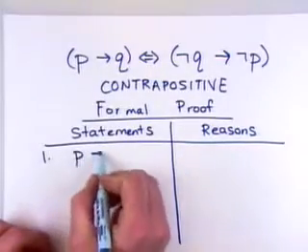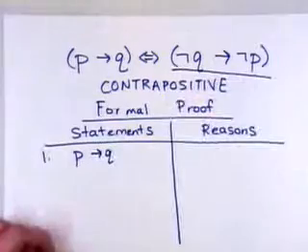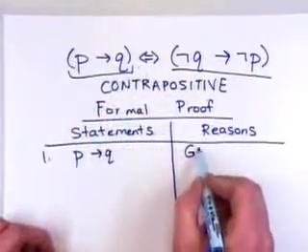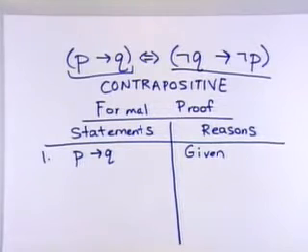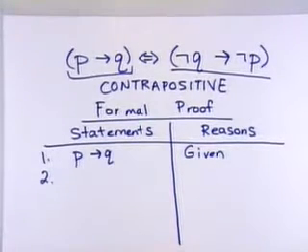Okay, so if I start with P implies Q, and I want to end with not Q implies not P, I'm going to use this as my given. So my reason is that P implies Q is given. Now I want to prove that it's logically equivalent to not Q implies not P. So what was a logical equivalence that we knew about implication? It was the first one that we did.